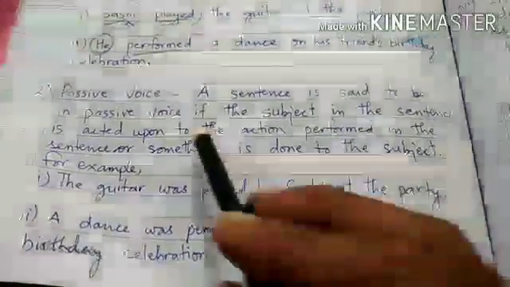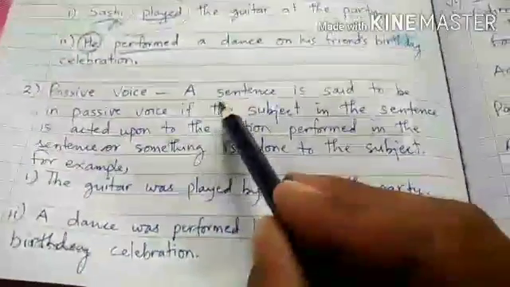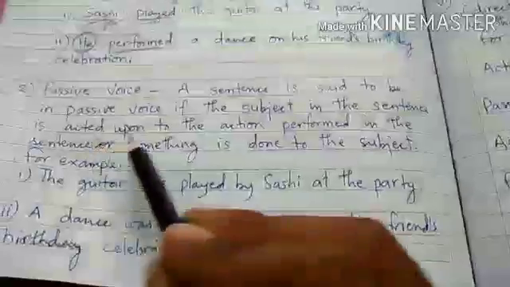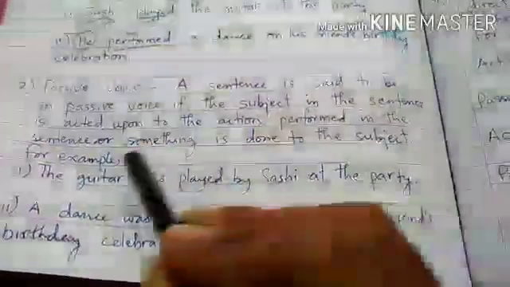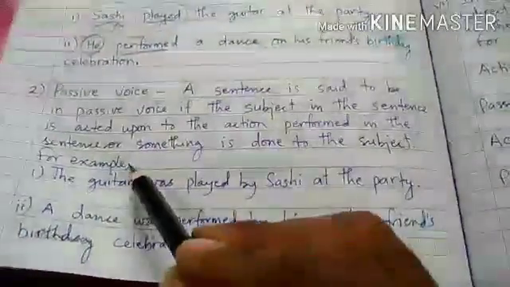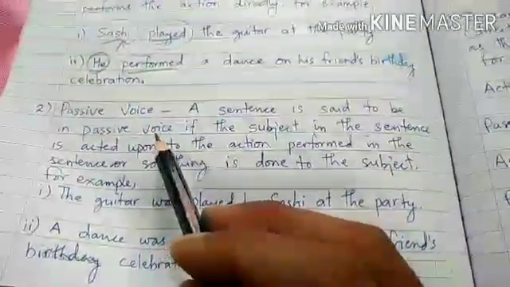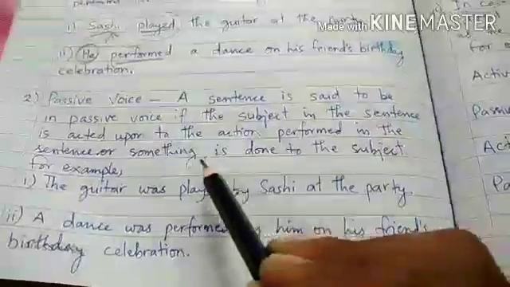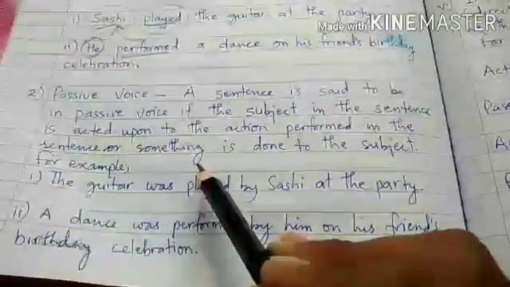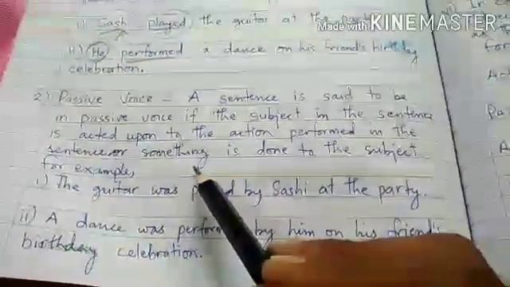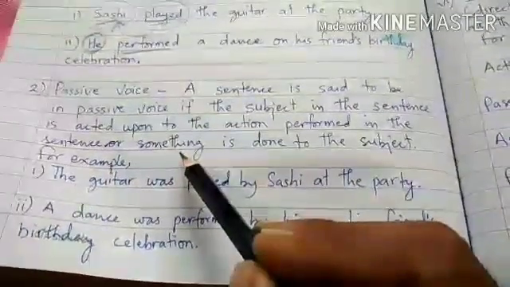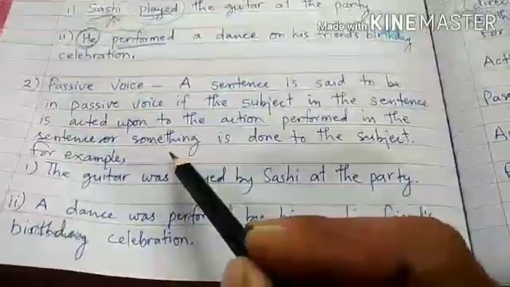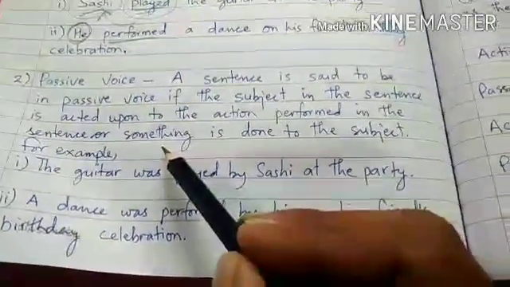Now let us see what is passive voice. A sentence is said to be in passive voice if the subject in the sentence is acted upon by the action performed in the sentence, or something is done to the subject. For example, if after reading the sentences and the actions that are performed in sentences, we come to know that something is done to the subject, then the sentence is said to be in passive voice.